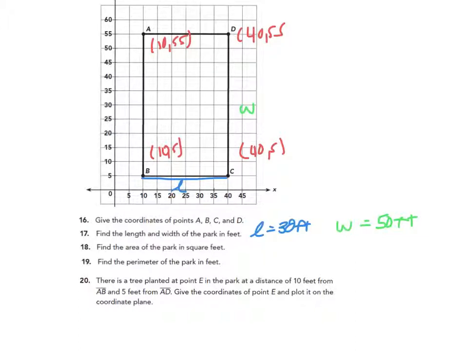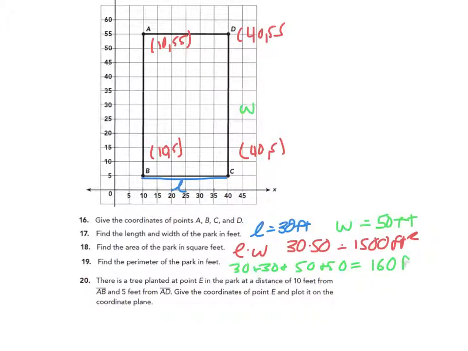If they ask for the area, I'm just going to take length times width, which is 30 times 50. We're looking at 1,500 square feet. If we look at our perimeter, I've got two 30s and two 50s, and that's 160 feet all the way around the shape for the perimeter.